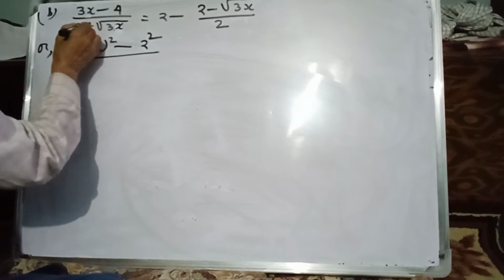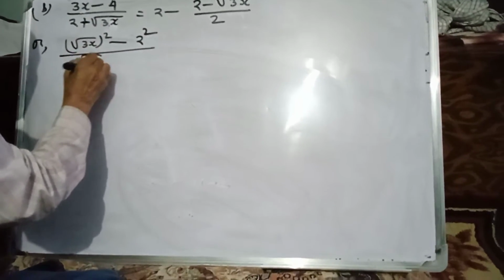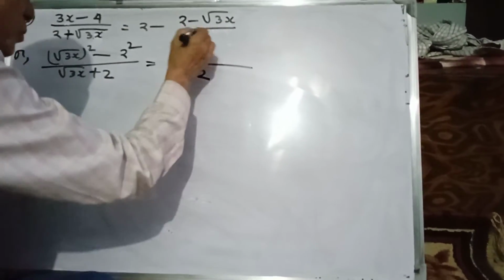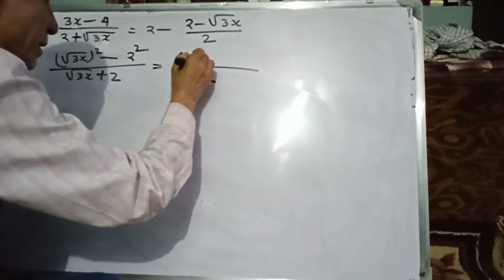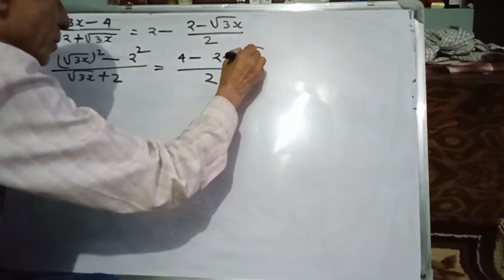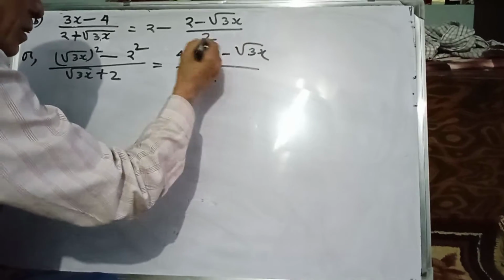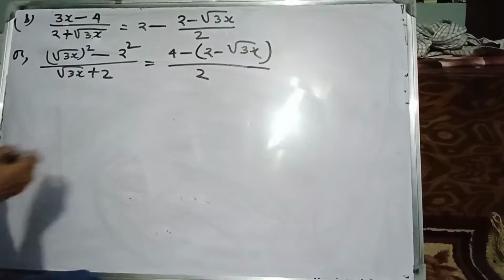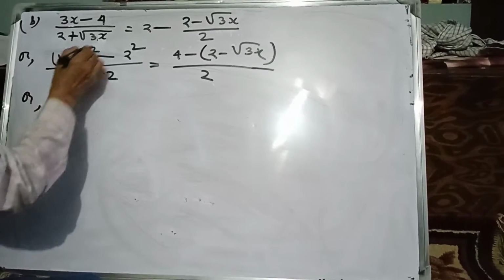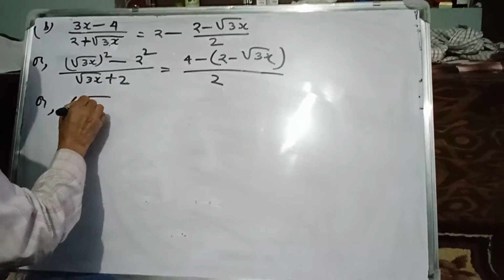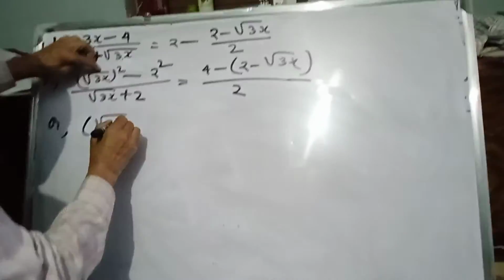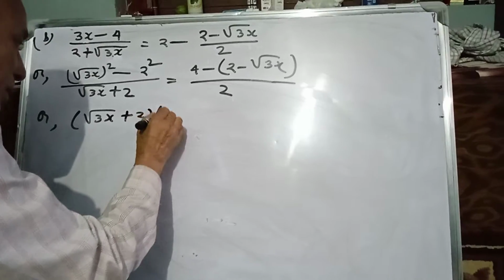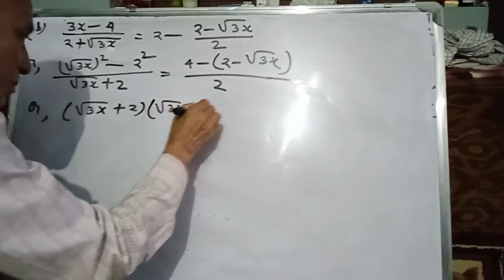Upon there is plus, you can write root 3x plus 2. Here, take the LCM 2, 2 to the 4, minus 2 minus root 3x. There is a mistake: if there is minus, use a bracket. Or a squared minus b squared is a plus b, a minus b, where a is root 3x and b is 2.